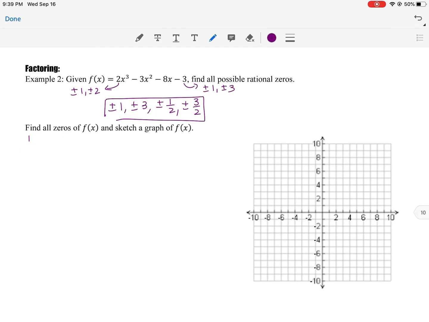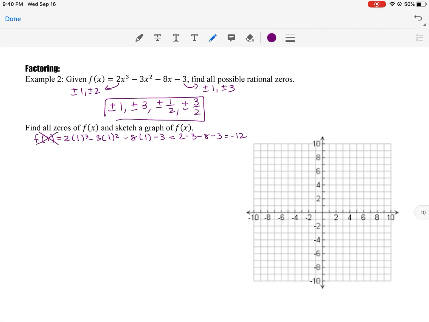If you want a quick way to self-check, if you plug in 1, whatever you get out should give you 0 if it doesn't have a remainder. So here this would be 2 minus 3 minus 8 minus 3, and that's definitely some negative number. What is that? Negative 14 plus 2, negative 12? So that's not actually a 0.